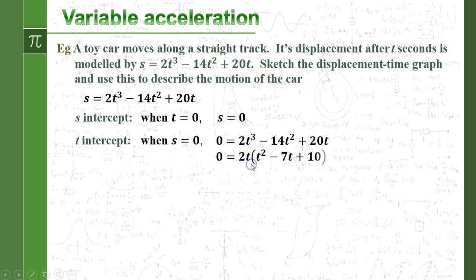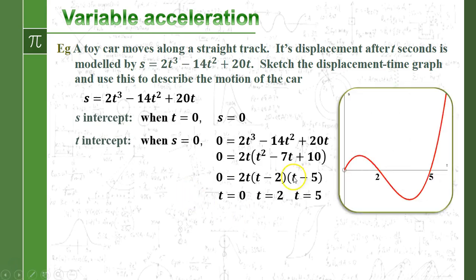We can do a bit of factorising, take out 2t, factorise the brackets, and we've got our two brackets, t minus 2 and t minus 5, and that gives us 3 solutions. That gives us enough to plot the cubic curve, which looks like that. We've got intercepts at 0, 2, and 5. So that's the motion of the particle in terms of how far away it is from its starting point at any given point in time.